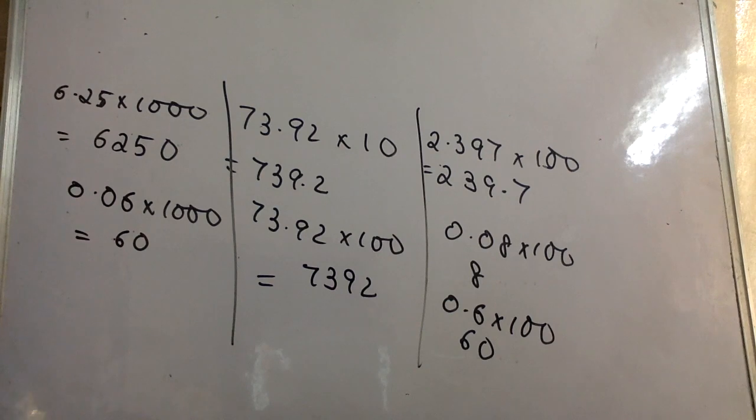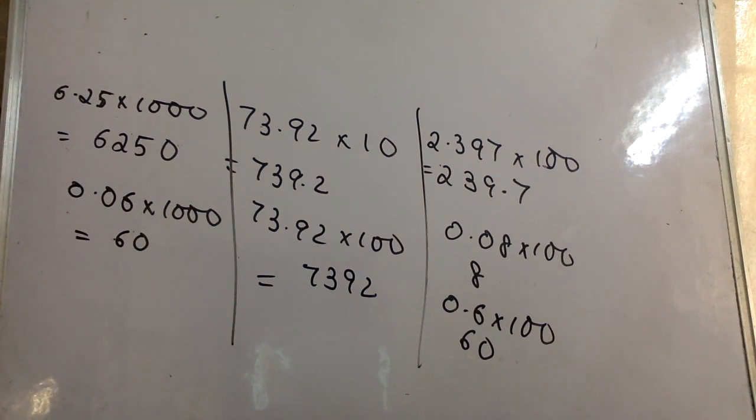So here we saw that we first multiplied with 10, then with 100, and then we multiplied numbers with 1000, and how the point shifted to the right in every case. You should see to it that you are using these calculations every time you do a sum. When you have a long calculation which involves decimals, see to it that you do it this way.